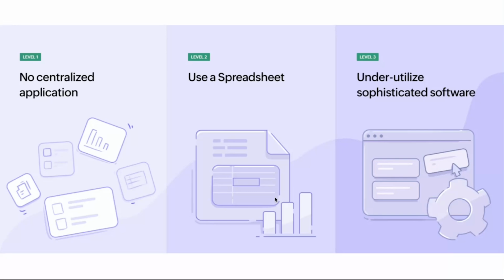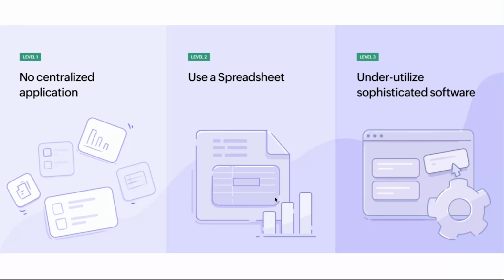So they might be using these softwares, but they are not making optimal use of the softwares that they have bought, and hence not taking complete advantage of them. So these are the three types of users that we are looking at.